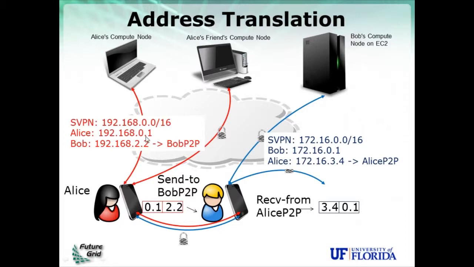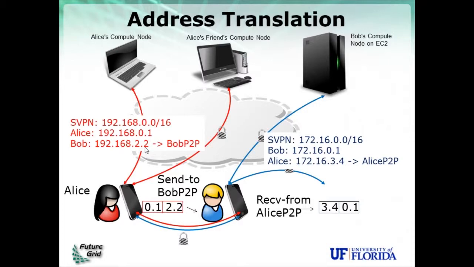And then every node that is a friend of Alice will be mapped dynamically to an address in this range. For example, Bob may get 192.168.2.2. And the mapping between this virtual IP address and the P2P overlay address of Bob is stored by Alice. So that's private to Alice. It doesn't have to be shared with others like it was in the group VPN through the use of a DHT.